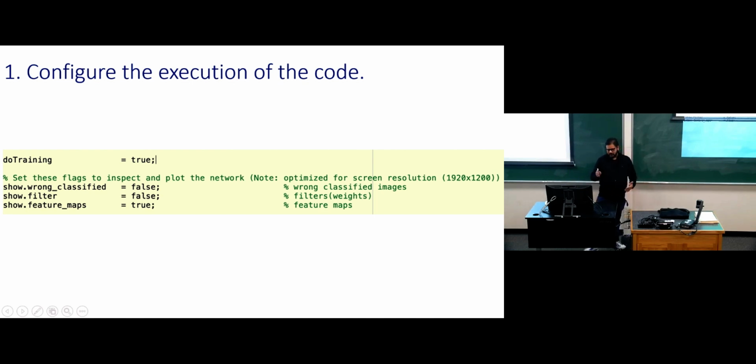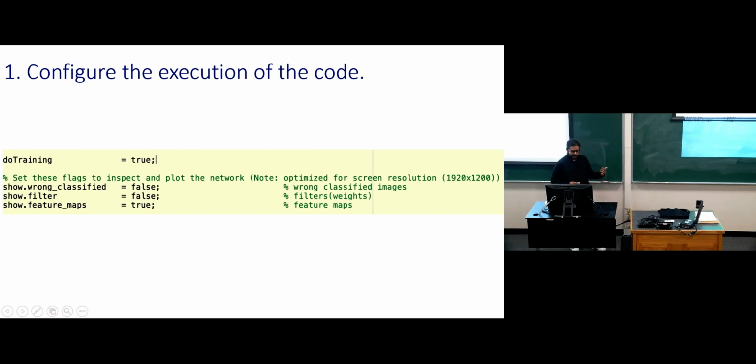So in that case, when this is set to false, the code looks for an existing mat file with a particular name and just imports the pre-trained network to do all of the plotting and the evaluation. But for the first time, you have to set it to true because I haven't provided a pre-trained network, obviously, because that will defeat the purpose of the assignment.